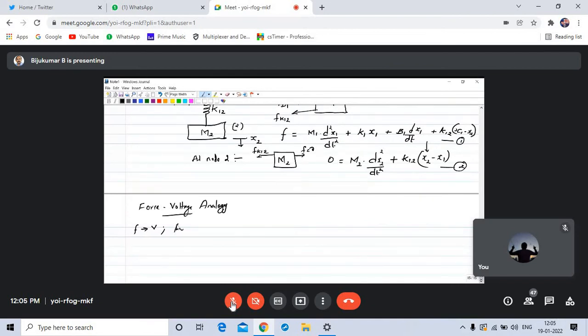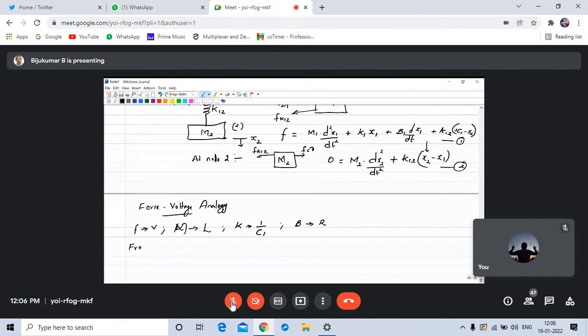Mass is analogous to inductance L. Okay, fine. What about K1? Spring constant is analogous to 1 by capacitance, 1 by C1. Okay, what about the dashpot? Resistance. So using this concept, how can we write our equations 1 and 2?